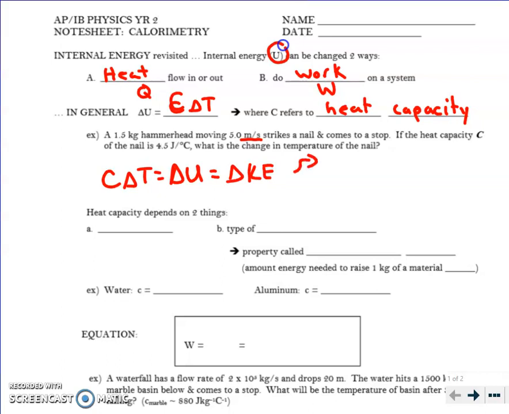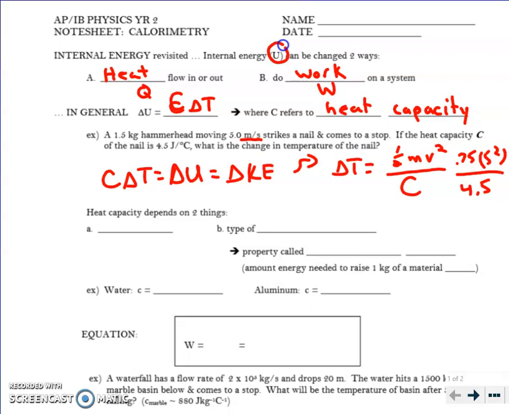So if we solve for delta T, which is what we're interested in, then we can just say it's 1/2 mv squared. And it really should be v squared minus v naught squared, but one of them is 0, so we'll just ignore that, divided by capital C. Okay, so this becomes 1/2 of 1.5, which is 0.75, times 5 squared, there's our velocity, divided by 4.5, so 25 times 0.75 divided by 4.5.